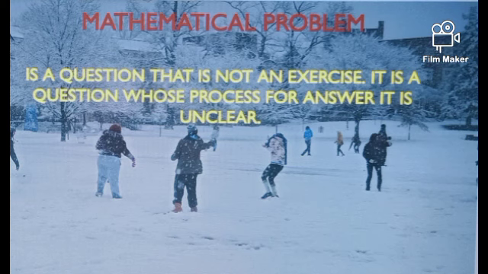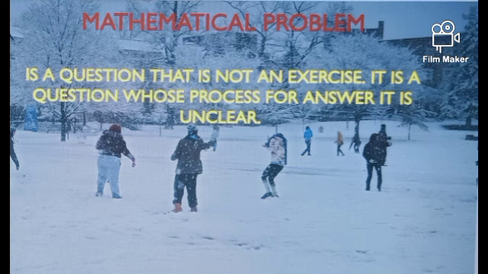But you should take note that it is difficult to classify a question on its own as a problem or exercise because it all depends on the student. A question for one student can be an exercise, while the same question can be a problem for another student.